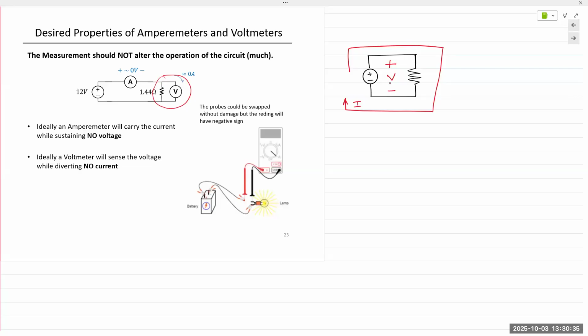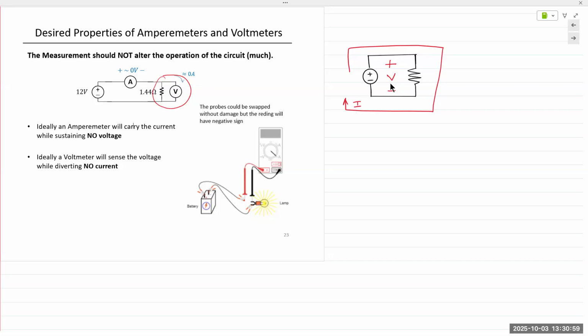So now let me ask you a question. We see this illustration, we have a voltmeter connected. What happens when we connect a component in parallel to another component? The voltmeter is an electrical instrument, so it has some resistance.